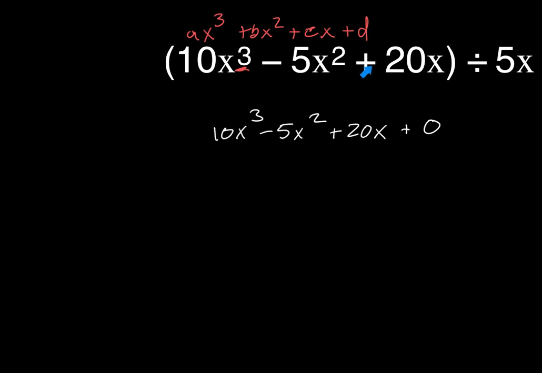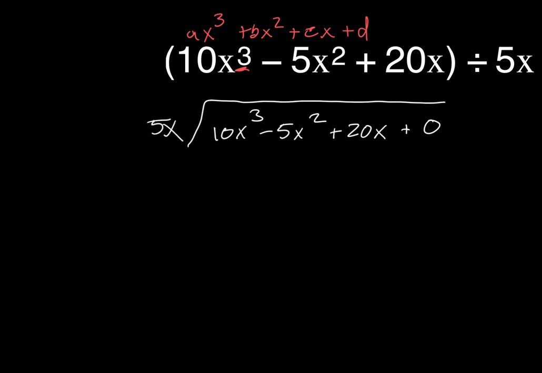If there's ever anything missing, you have to put in a 0 while we're doing our long division. That'll be the most common mistake people make: they will forget to have a 0 in place when there's a missing variable, so to speak.